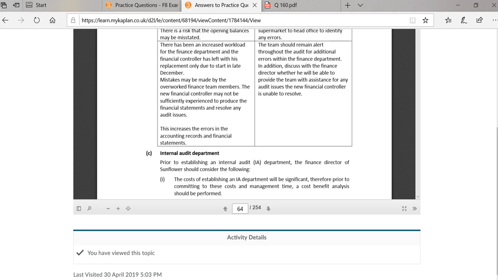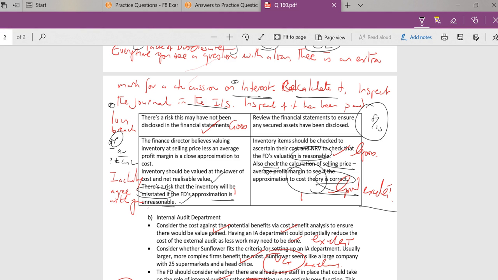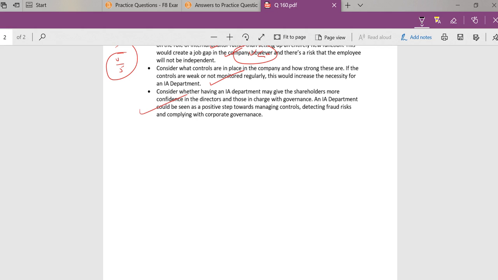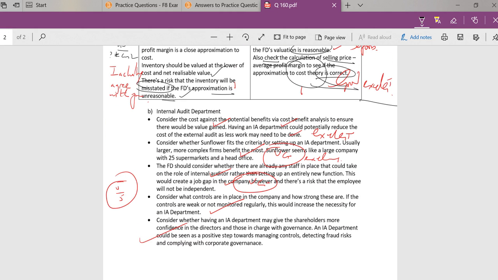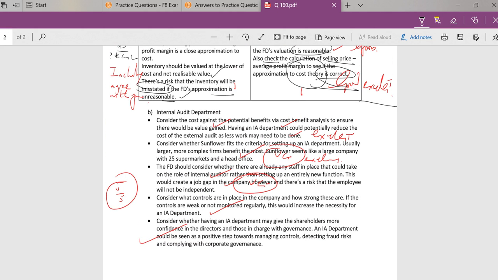Right, good. So let's look at your answer on internal audit, which I think I must have done after you did this paper. But again, I liked your answers. They were all very strong. Cost versus benefit. So we talked about the complexity of the firm.